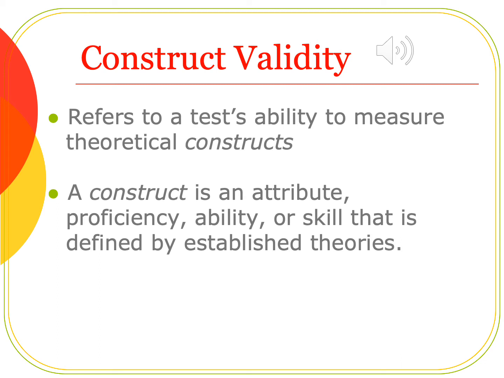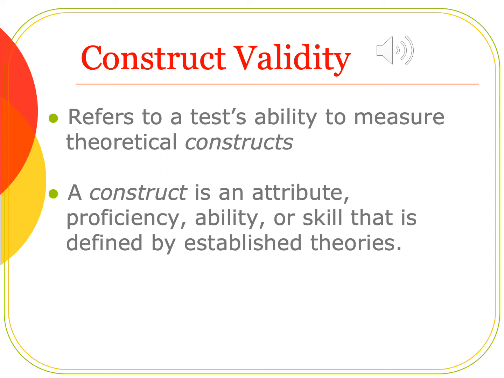Construct validity looks at, okay, within what it's assessing, is it assessing it based on what we know in theory, right? So are we measuring semantics in a way that has been shown through research to be an established, useful, measurable way to measure semantics, or have we just made something up in terms of how to measure it?